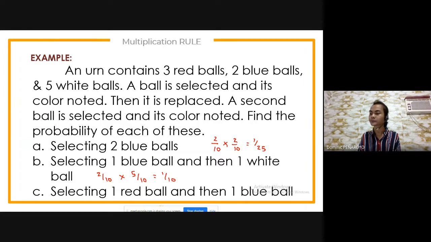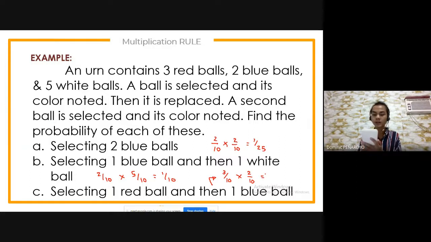Next is selecting one red ball and then one blue ball. Okay? Selecting one red ball. The red balls, we have here three. So, 3 over 10 is the probability of getting a red ball on the first draw, times on the second draw, we can have 2 over 10 probability of getting a blue ball.